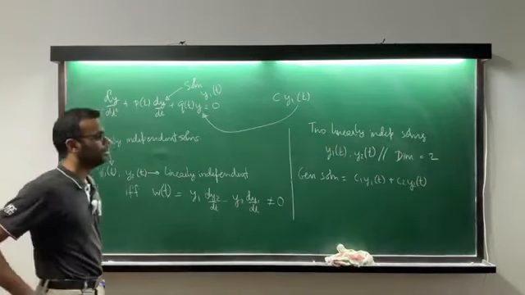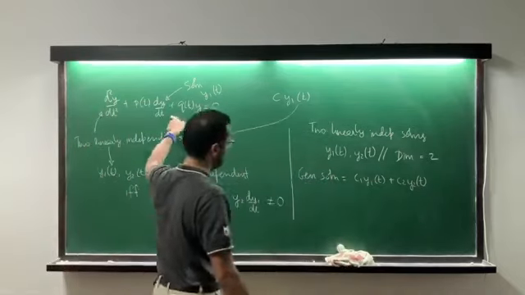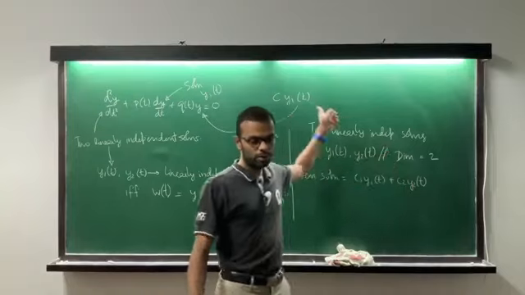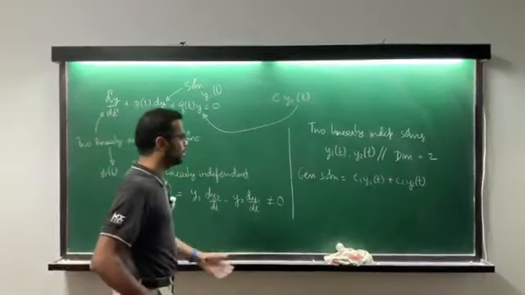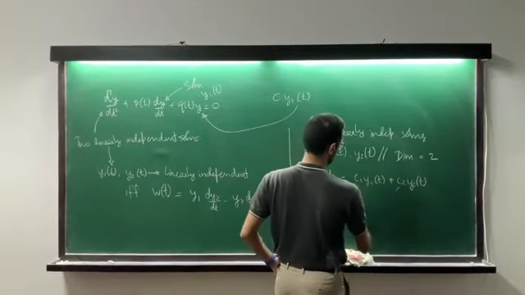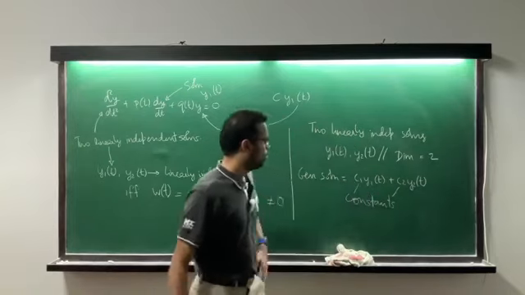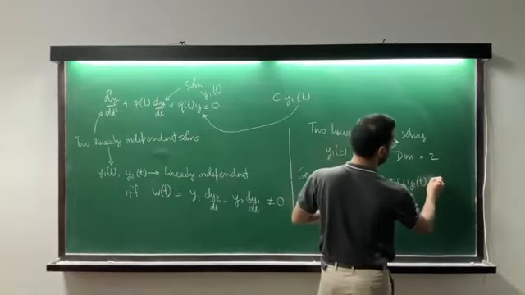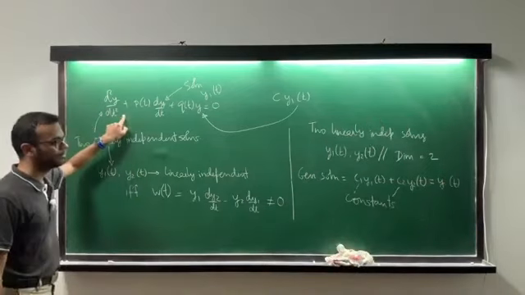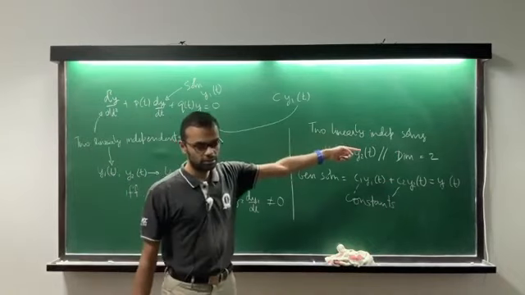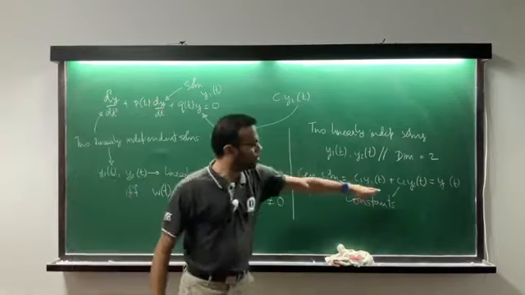So this is any arbitrary solution to this differential equation if y1 and y2 are solutions of the differential equation. These c1 and c2 are arbitrary constants. Why is that? If I take this y of t and put it in here, then the derivatives will go through unaffected by c1 or c2.